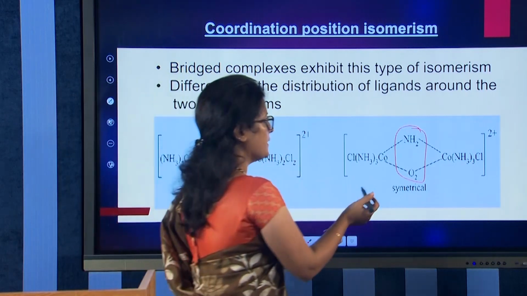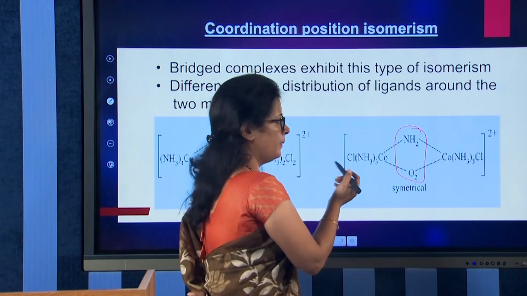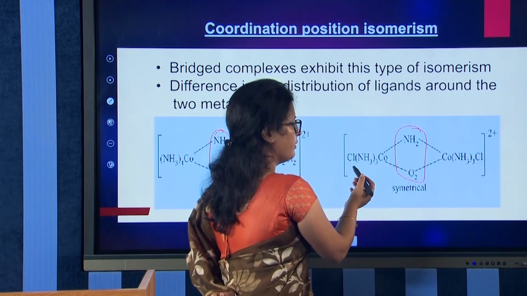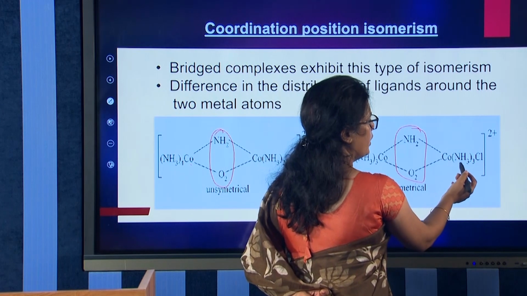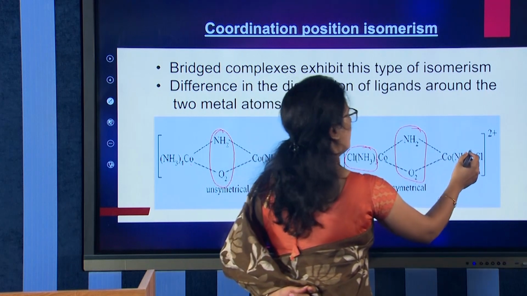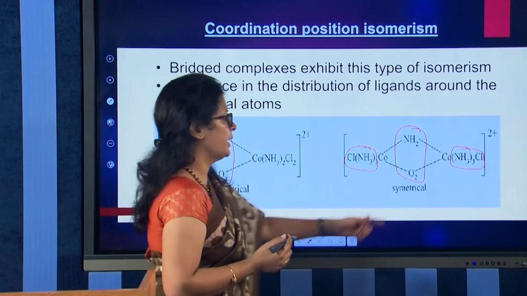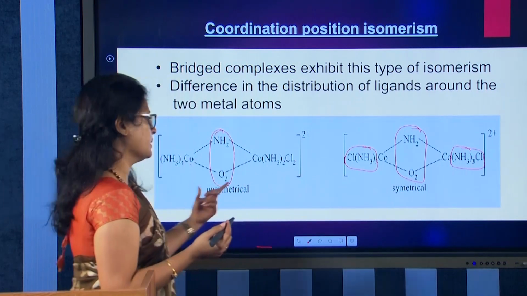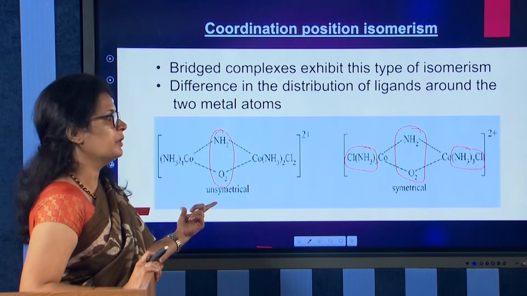But in this case, Co(NH3)3Cl means 3 ammonia molecules and 1 chloride ion. Here also Co(NH3)3Cl. The ligands are the same on both sides. That is why it is a symmetrical bridged complex. The other can be called an unsymmetrical bridged complex.